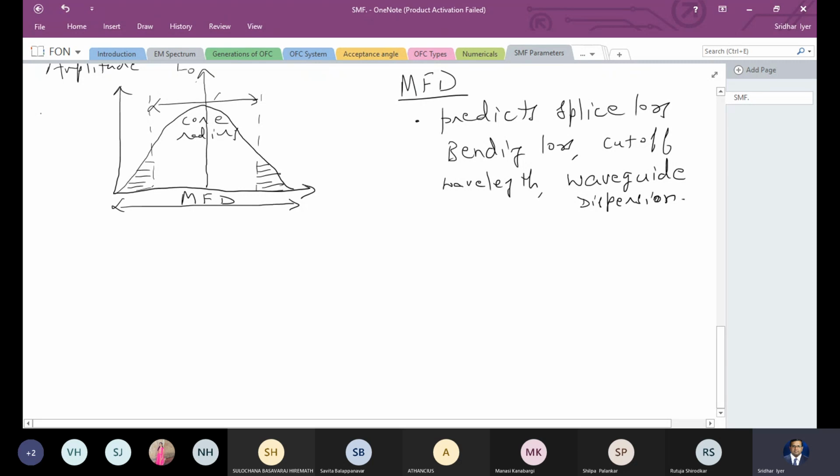So just to give you the mathematical glimpse of mode field diameter, because like I said, there's not going to be any numerical, but usually in the question paper, there's a short note for about 4 to 5 marks, right? What is MFD? And then the detail of MFD, right? So mathematically, it is defined as 2W0. And we are not going to do the derivation of this equation.